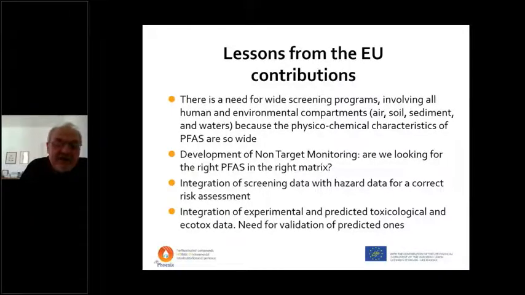It's very important that we also need a very reliable system to predict the toxicological properties. And the next webinar we have as a host Professor Benfenati from Mario Negri, who will show us the progress of the QSAR models for PFAS.